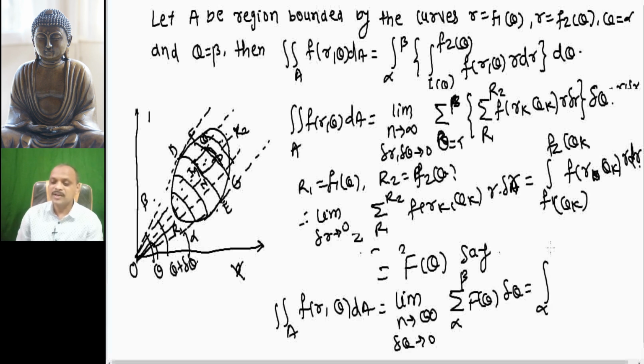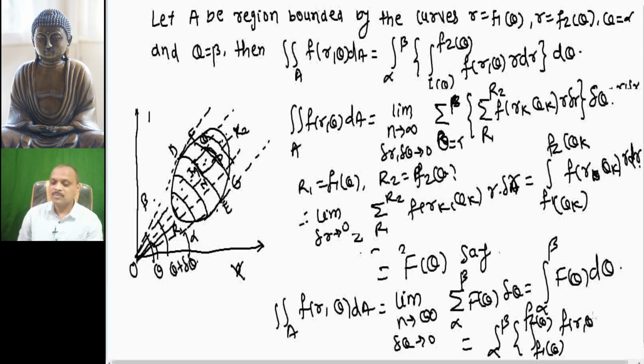This is nothing but integration alpha to beta of F of theta d theta. Substituting the value of F of theta, we get integration alpha to beta, f1 of theta to f2 of theta, f of r comma theta r dr d theta. So this double integration over the region A is converted into a bounded region.